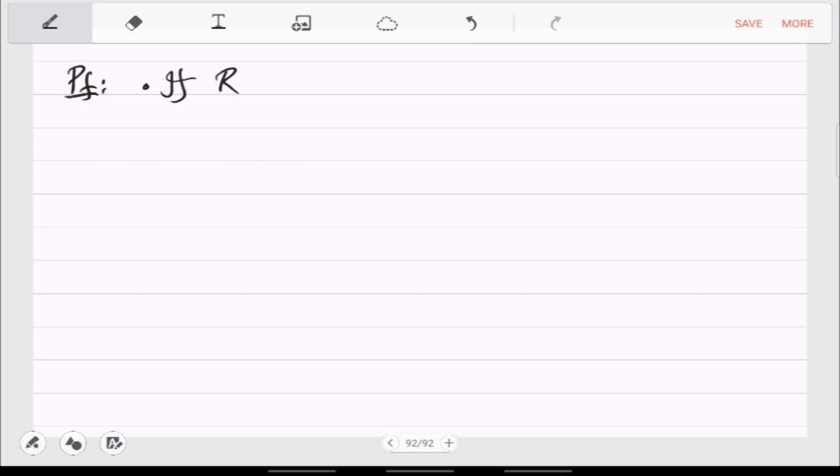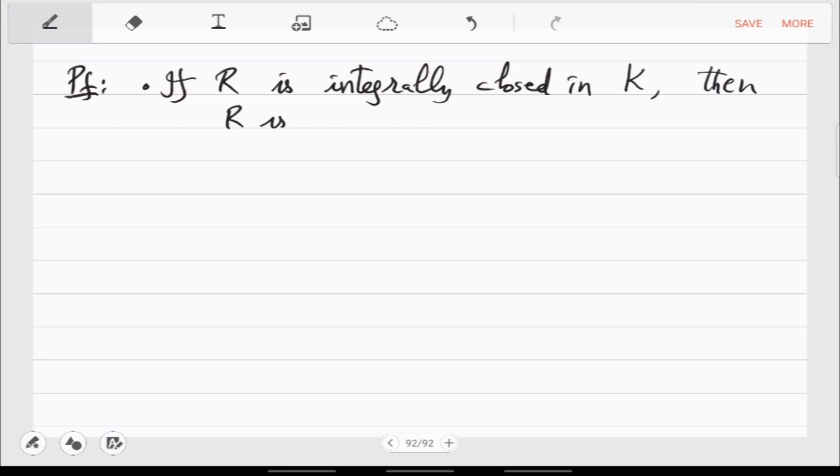So if R is integrally closed in K, then R is already a DVR, so you are done. The only interesting case is when R is not integrally closed.